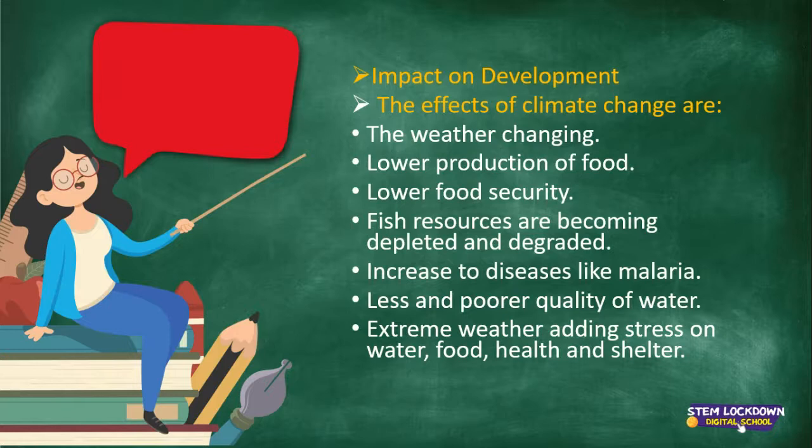So a lower harvest of these foods means that there's lower production of food, which leads us to the third bullet point. When there is lower production of food, that means that there is lower food security. So basically, when the production of food is higher, then it means there is more food for everyone. So when there's lower production of food, it means there's less food, and people are left wanting more of the resource of food.